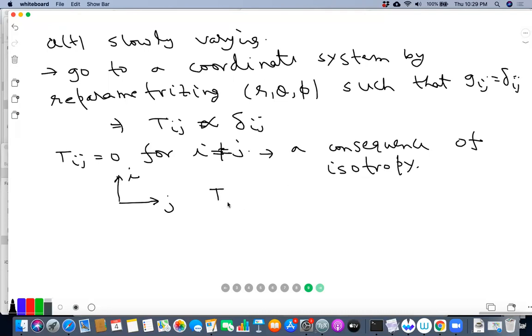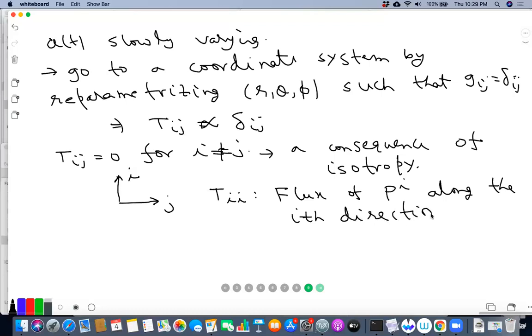On the other hand, for Tii, this is not true, because Tii means this is the flux of pi along the ith direction. Now you see that if you have objects that are moving, for example, along the positive i direction, then they carry positive pi.